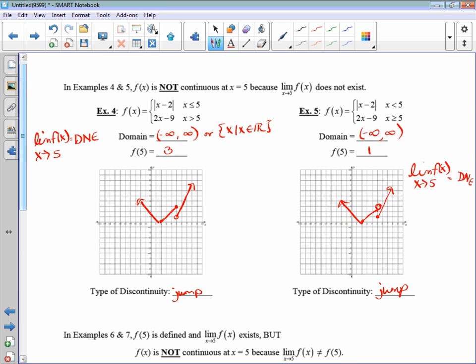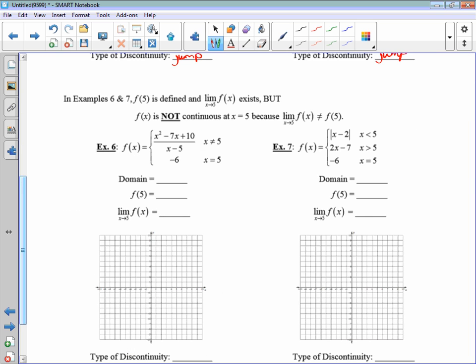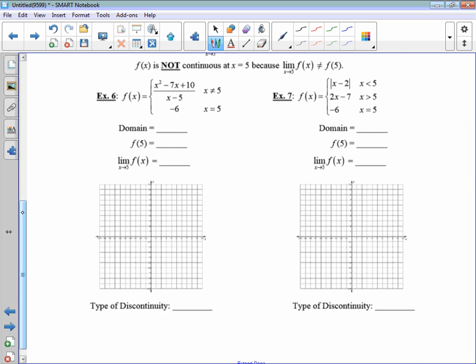So when we graphed that, we had a hole at x equals 5, and it was 5, 3, right? So I'm going to draw this, and then 5, 3, I draw my open circle, draw my line, draw my line.